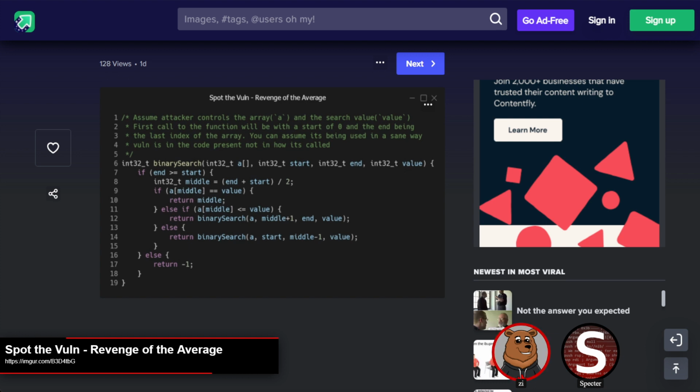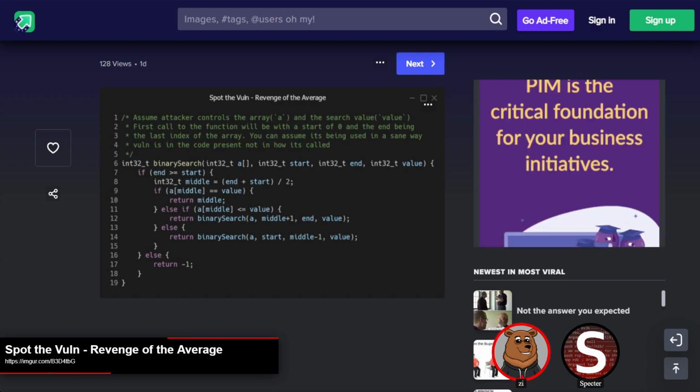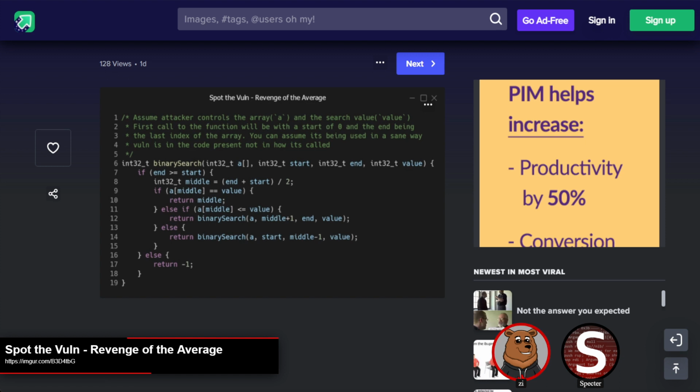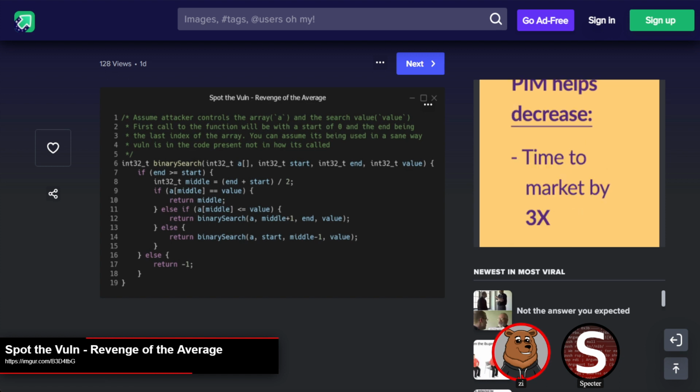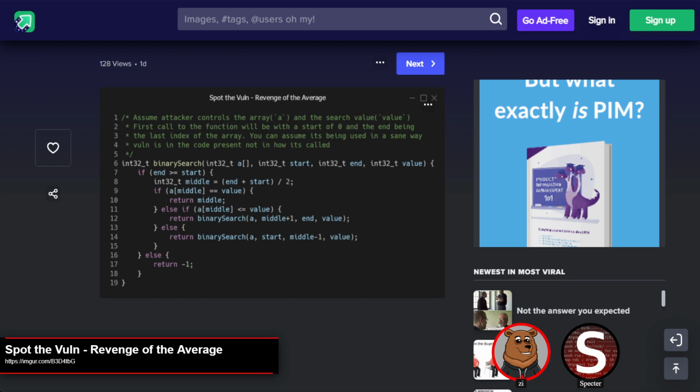The issue here is that end plus start can still overflow. So you don't necessarily need an array with more than the maximum int32 number of entries in it. About halfway there, so two numbers getting added together can get to that point, leading to truncation in this case, leading to potentially a negative middle value. So an out of bounds access.